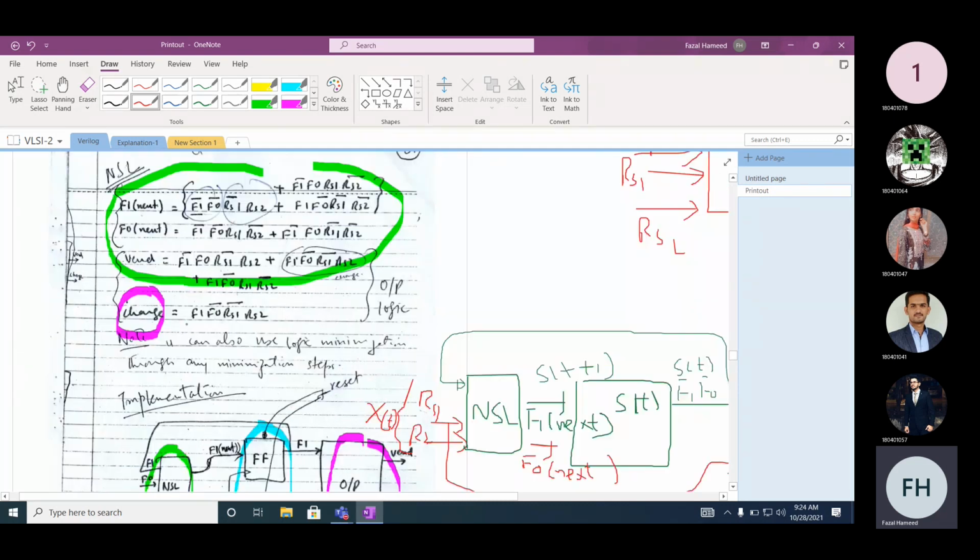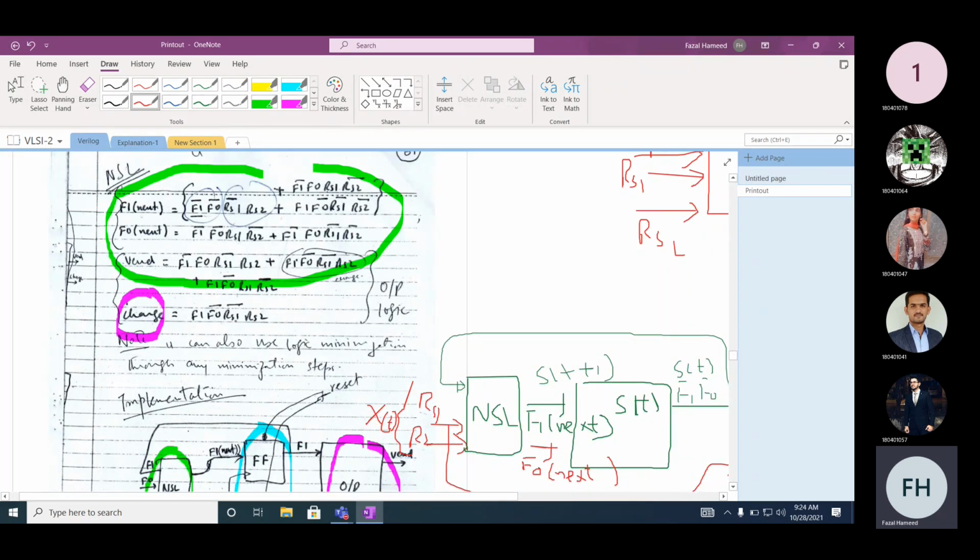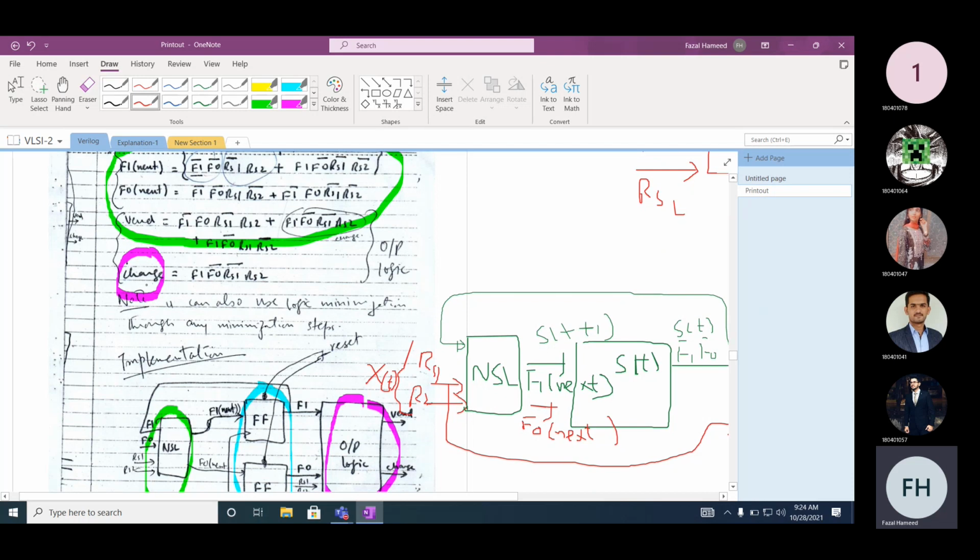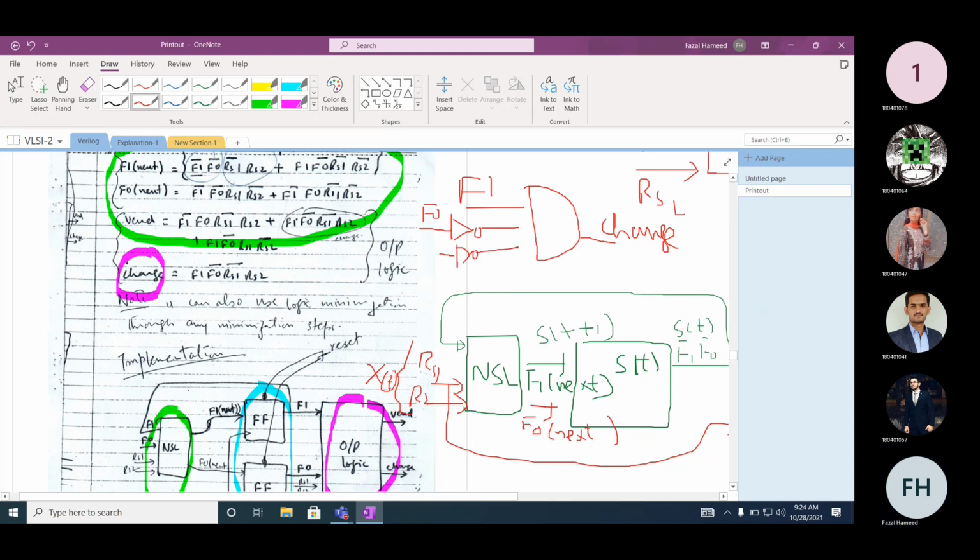Now if you look at F1 next, there will be some AND gates. Look at the expression that I used for change. What will be the hardware for change? It's a combinational circuit with an AND gate. The output is change. And what is the input? F1, then you need an inverter for F0, then R1 and then R2.